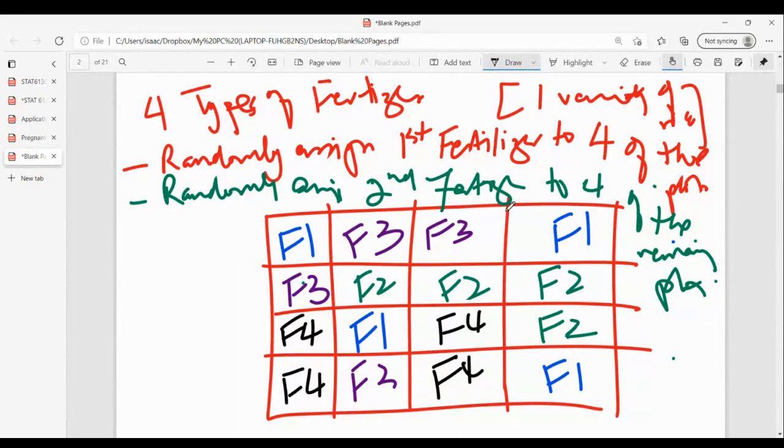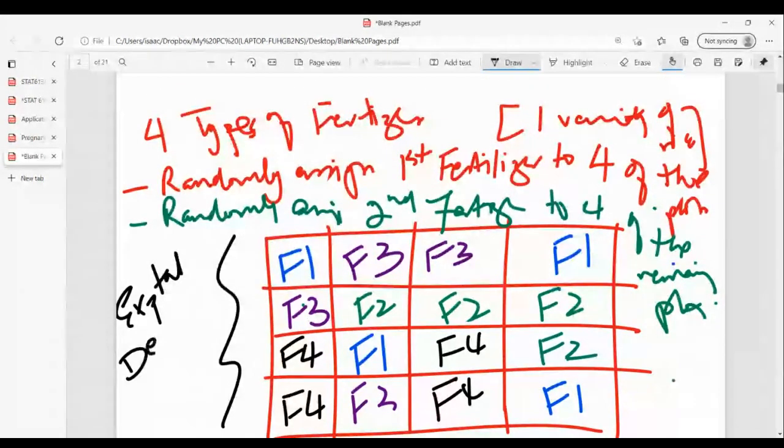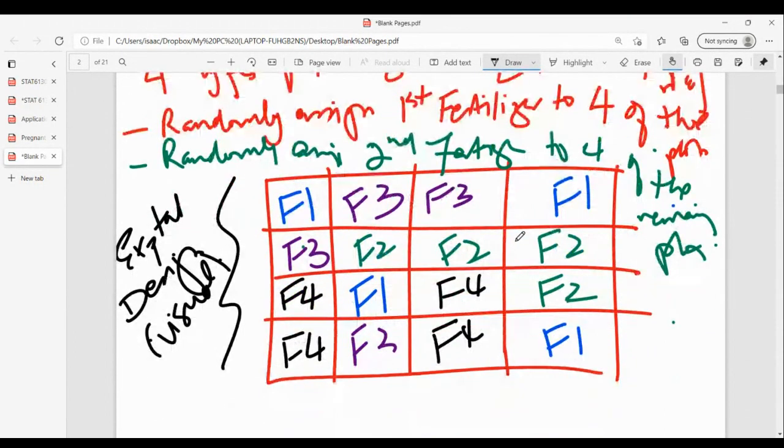This part here is what we call the experimental design, a visual for the experimental design. So you get a visual and see exactly what is taking place.